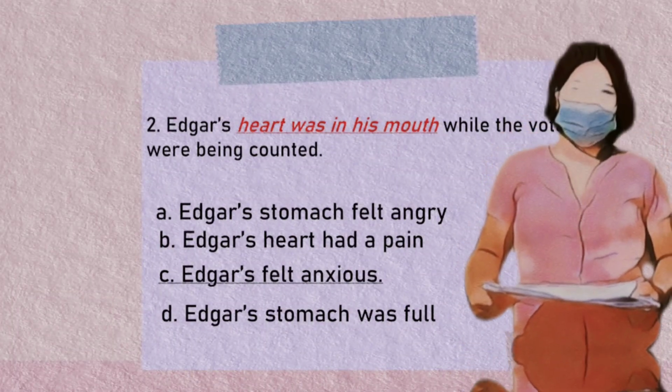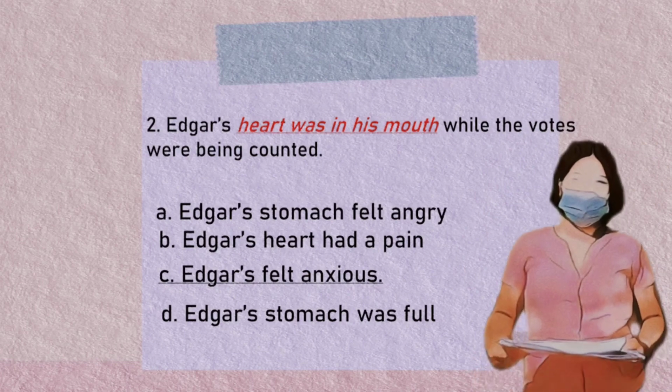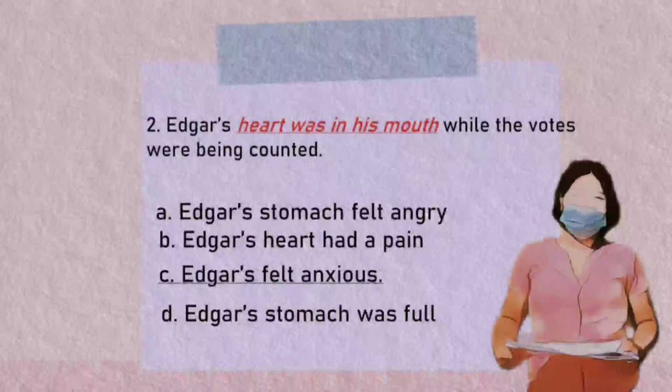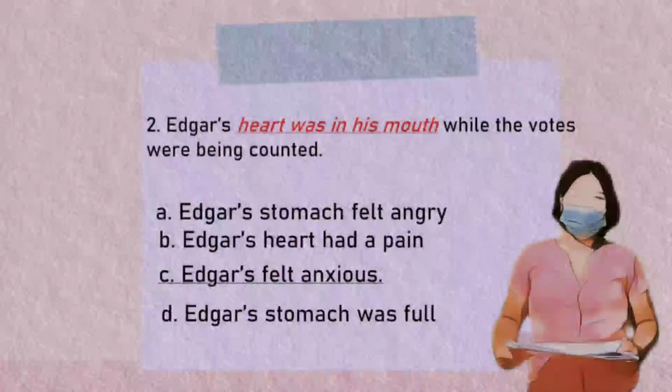Number 2. Edgar's heart was in his mouth while the votes were being counted. A. Edgar's stomach felt angry. B. Edgar's heart had a pain. C. Edgar felt anxious. Or D. Edgar's stomach was full.